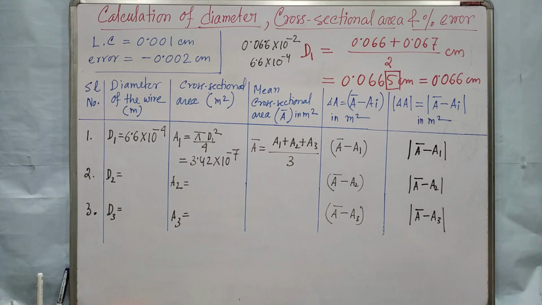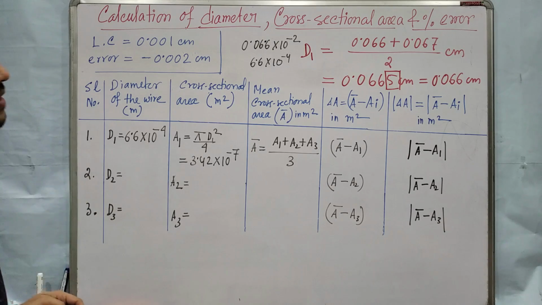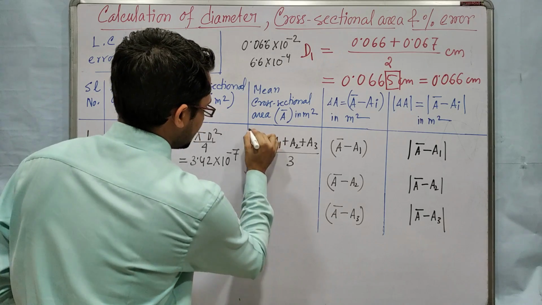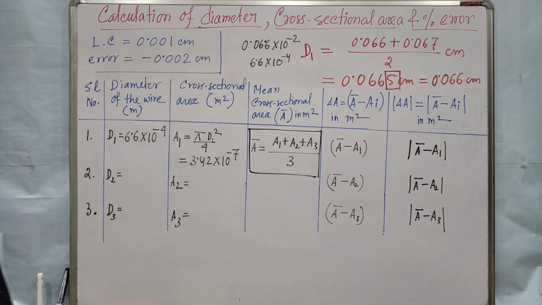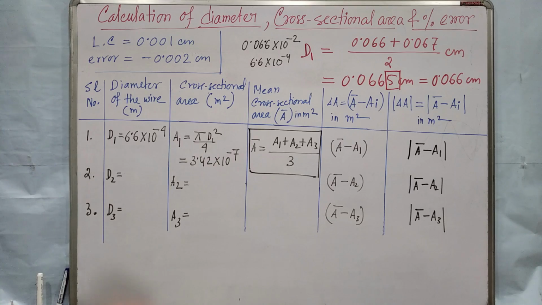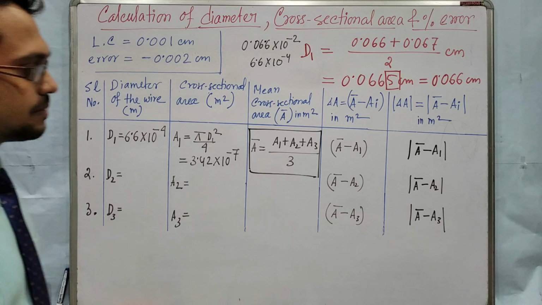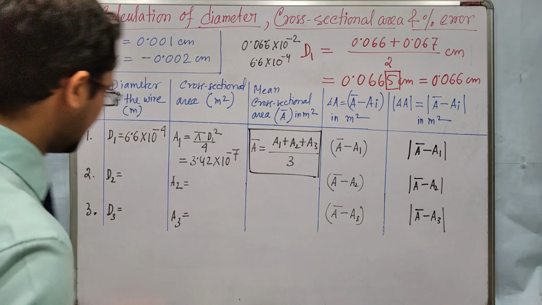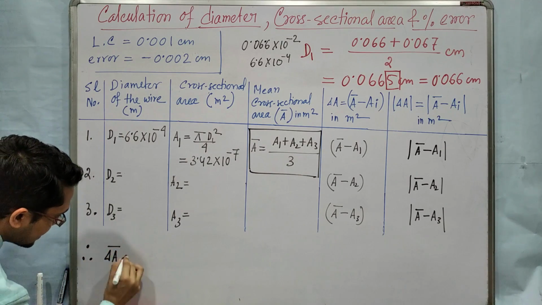Now what is our calculation? This is the calculation for area, but we will find the mean area. This one we need. This is the answer, and after that we have to find the percentage error. So how do we calculate it? For calculating the percentage error, we first find delta A average.